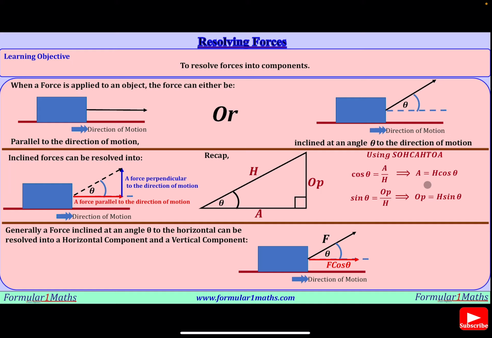In the same way, the vertical component is F sin theta, which is also similar to this one here. So here, the h over there is replaced by F. So this is basically how to resolve forces.